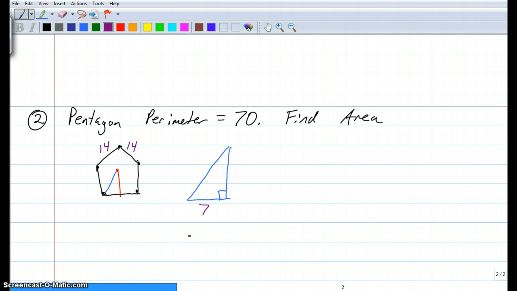All right, this time we know the perimeter. What we don't know is the apothem. Now, a pentagon is not going to give us a 30, 60, 90, or a 45, 45, 90 for that matter.